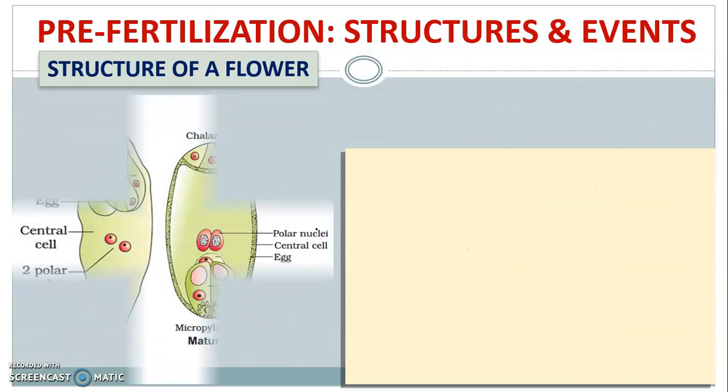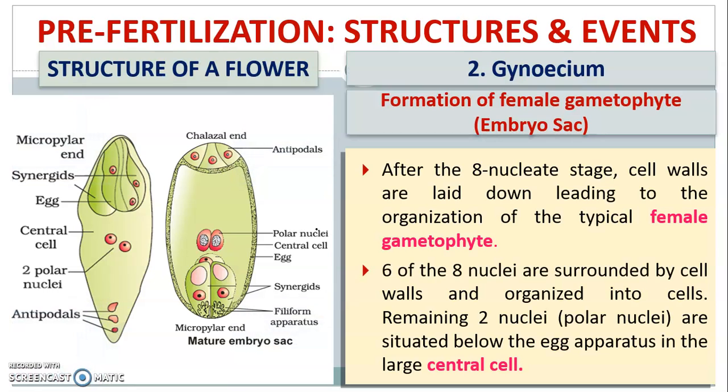Move ahead. So the 3 nuclei at the micropylar end form an egg, and 2 form synergids, right? What are they forming? Synergids. These synergids also have a special structure, the filiform apparatus, which provides the direction and guidelines for the pollen tube to reach the egg.